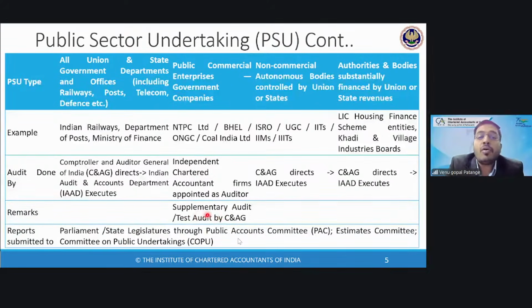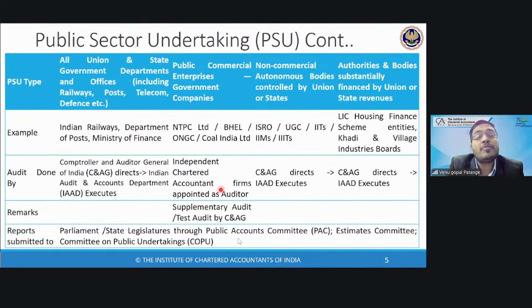They will also guide, give principles, and give directions to the CA firm performing audit of public sector corporate entities. So it is C&AG who controls, who has the authority to perform audits of all public sector undertakings or enterprises, right?